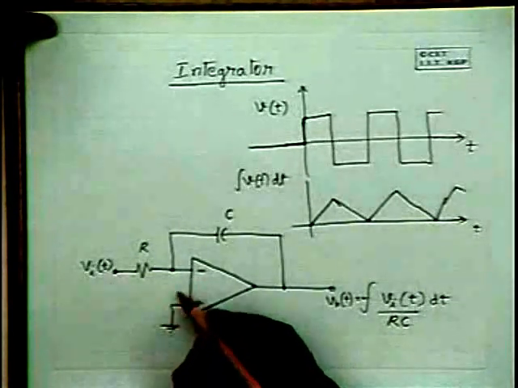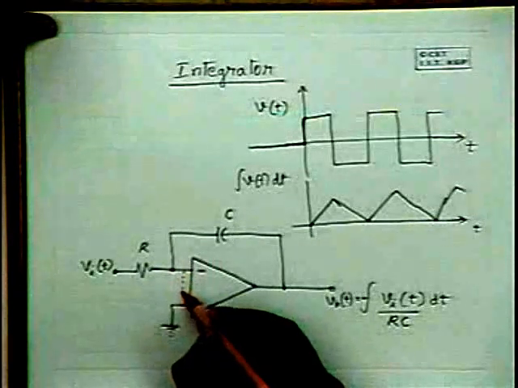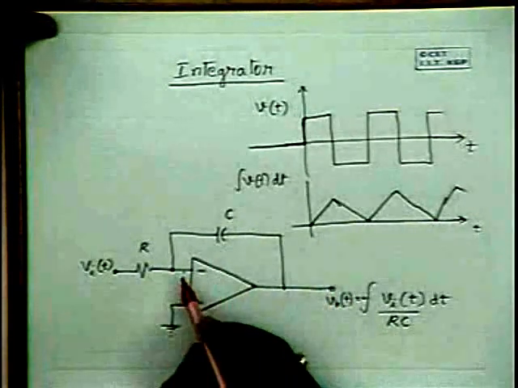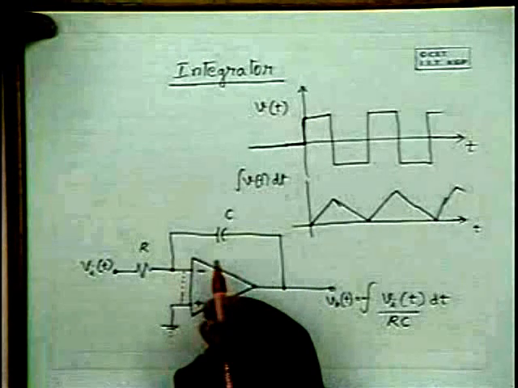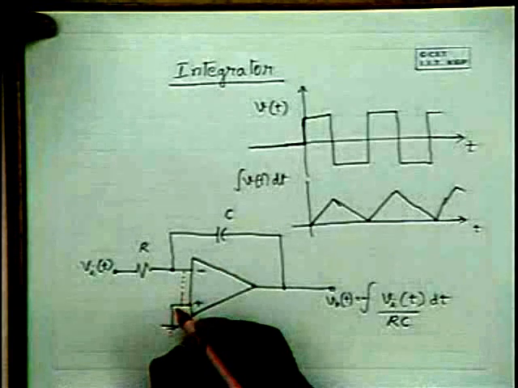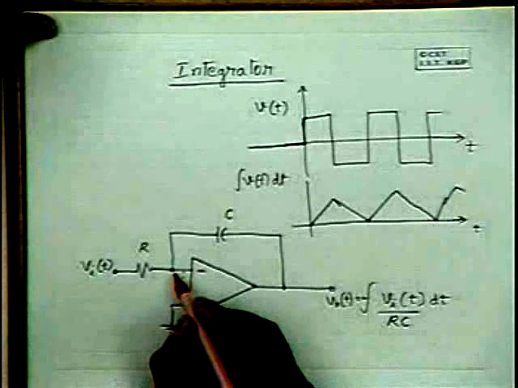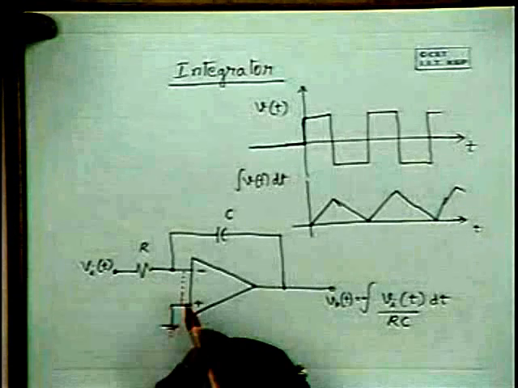Once this is grounded, since there is a virtual short between these two inputs, for any reasonable output, this input is almost 0. Since this is at ground potential, this is also at ground potential because it is a virtual short.